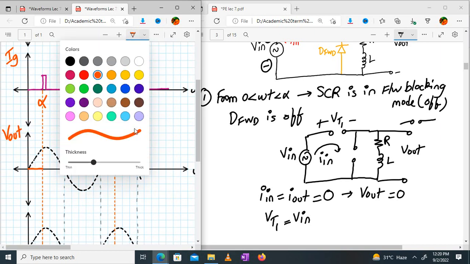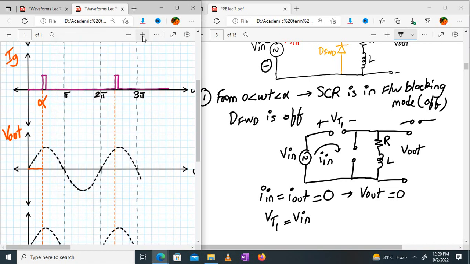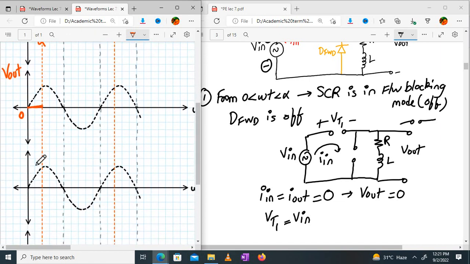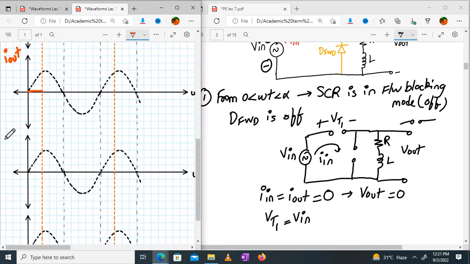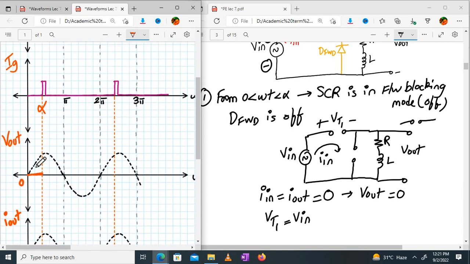Agree or no? This is 0. What about my output current or load current? 0. What about my input current? 0. They are the same now, output load current and input current. So everything is 0 now.